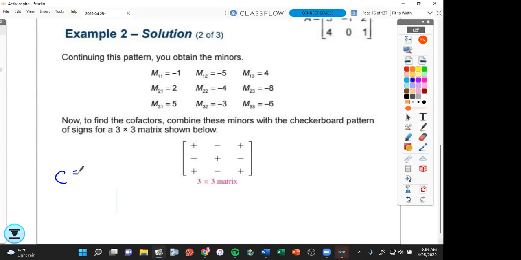So if M11 is -1, then C11 is going to be, leave the sign alone, -1. If M12 is -5, what is C12 going to be? The opposite of -5 is 5.